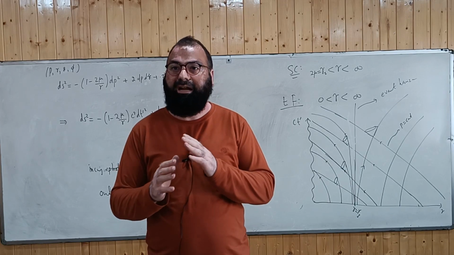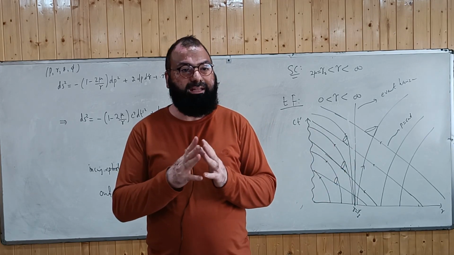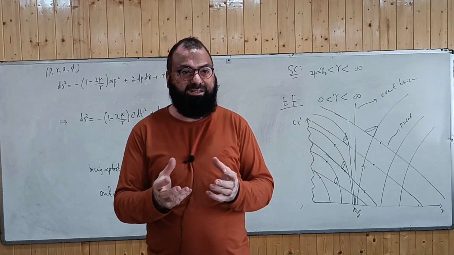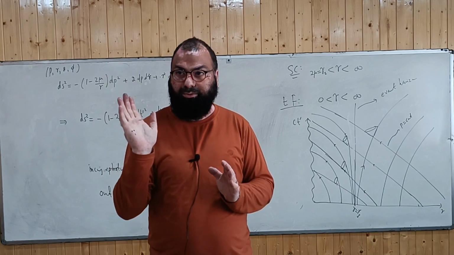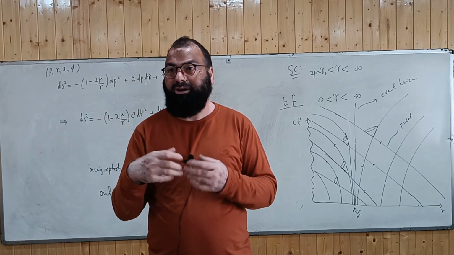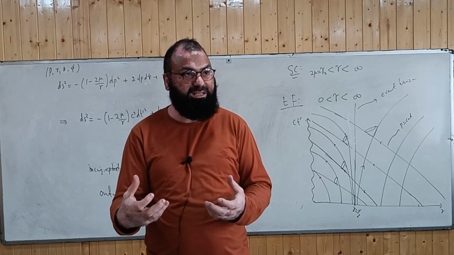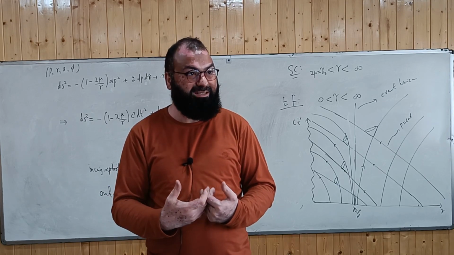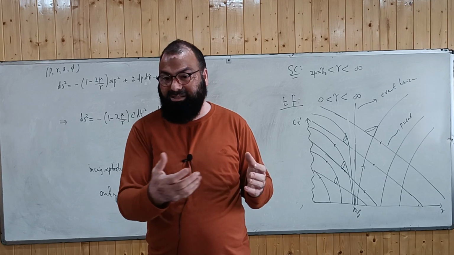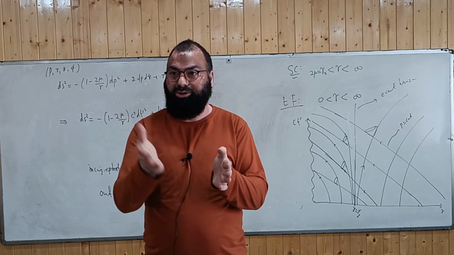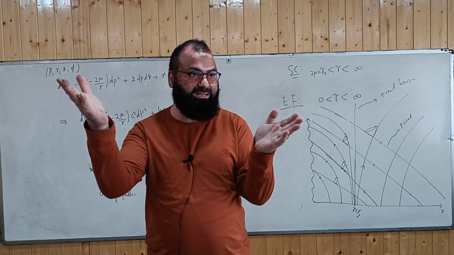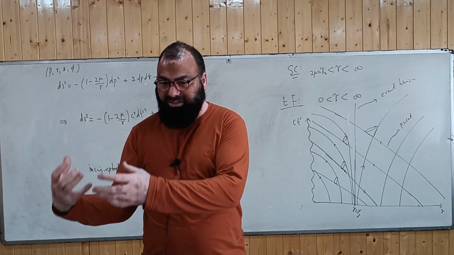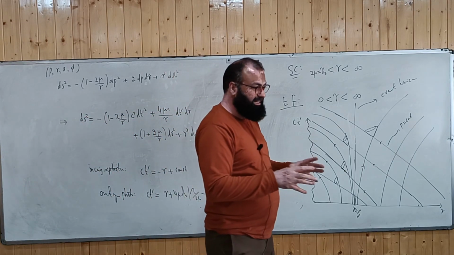Now let's forget that coordinate system and construct one using the geodesic of the outgoing photon, and try to figure out what the space-time structure or light cone structure looks like, and what its implications are. That is equally valid, because a light cone contains two types of geodesics: one is the incoming geodesic, another is the outgoing. I have constructed my coordinate system from the incoming. Now let me construct it from the outgoing geodesic. Clear? So let's do that.